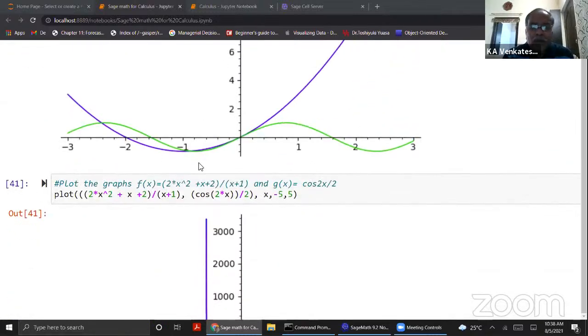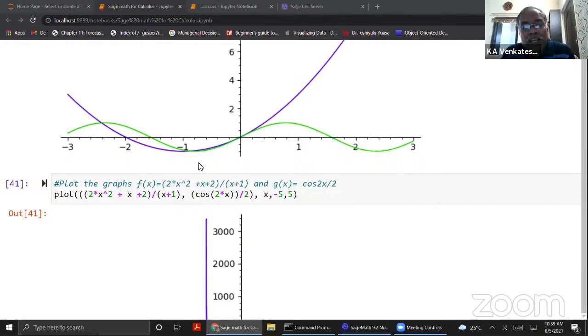Now the interesting problem is not necessarily always straightforward. Why I said this is that you have to practice many problems. Sometimes, because of our syntax or because of the range limitation, we may not get the exact plot. For example, look at this: 2x square plus x by x plus 2, divided by x plus 1, is one function.